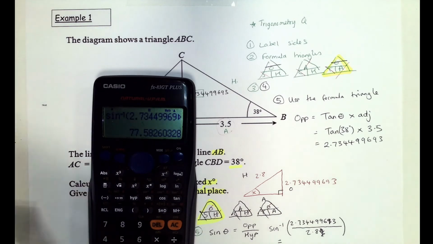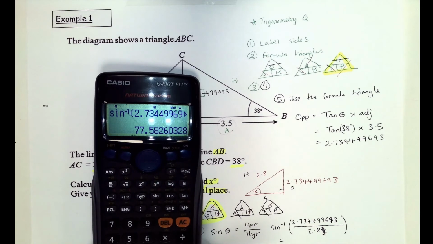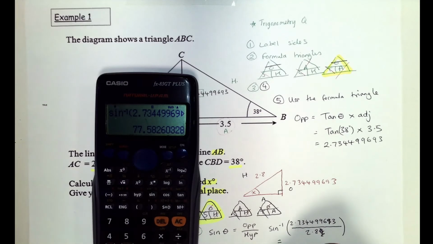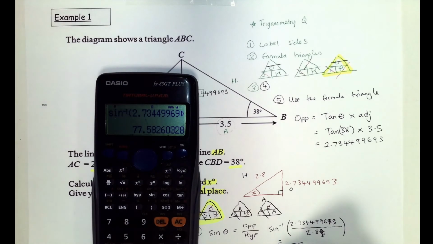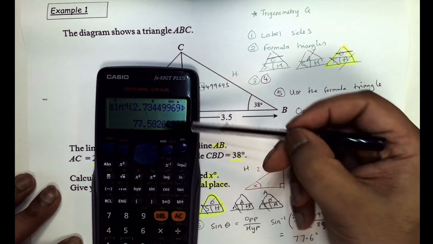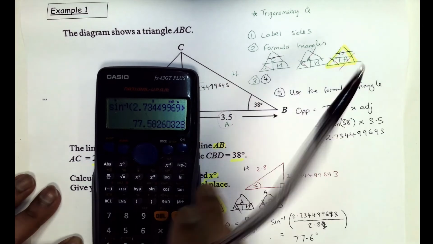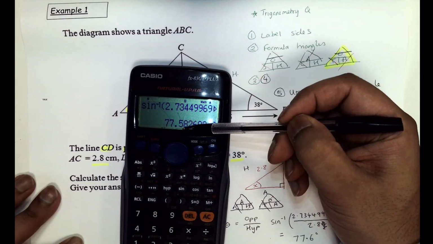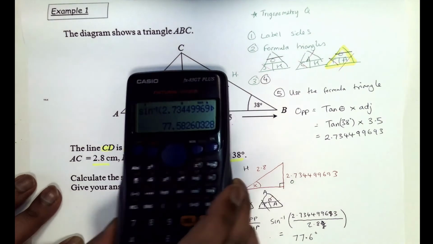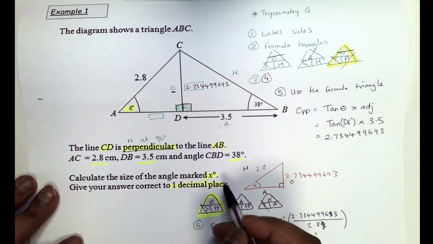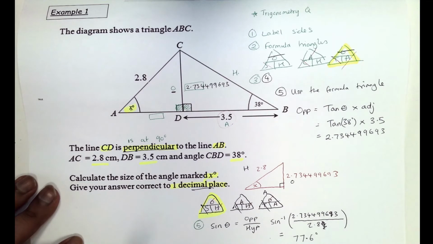That gives me 77.58260328, which to one decimal place is 77.6 degrees. So there's the first decimal place, and the number after the first decimal place is above 5, so it'll round up to 77.6 degrees, and there's my answer.